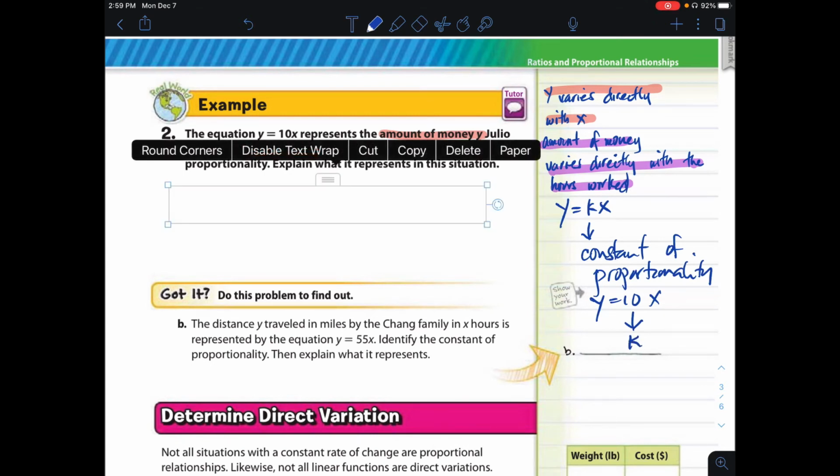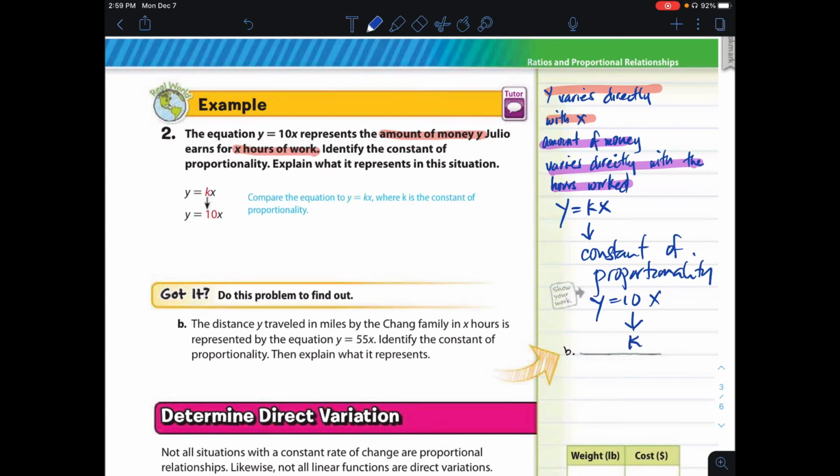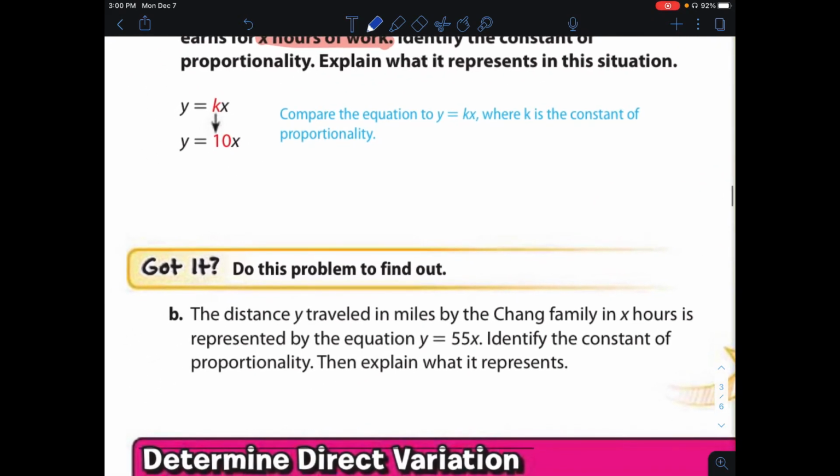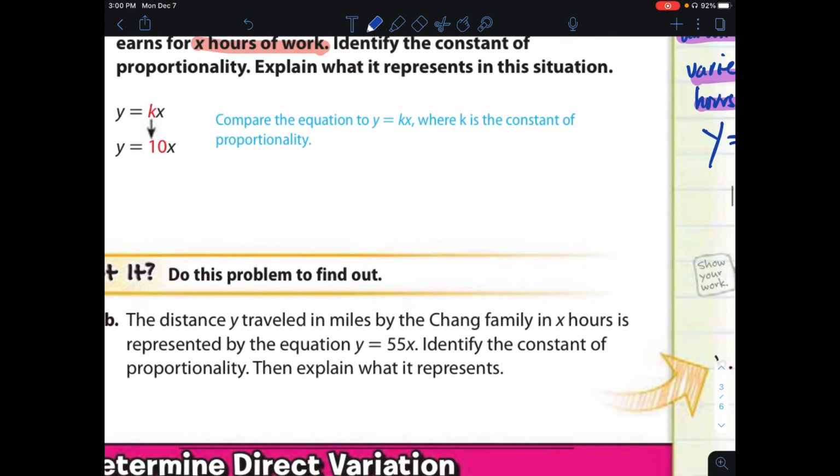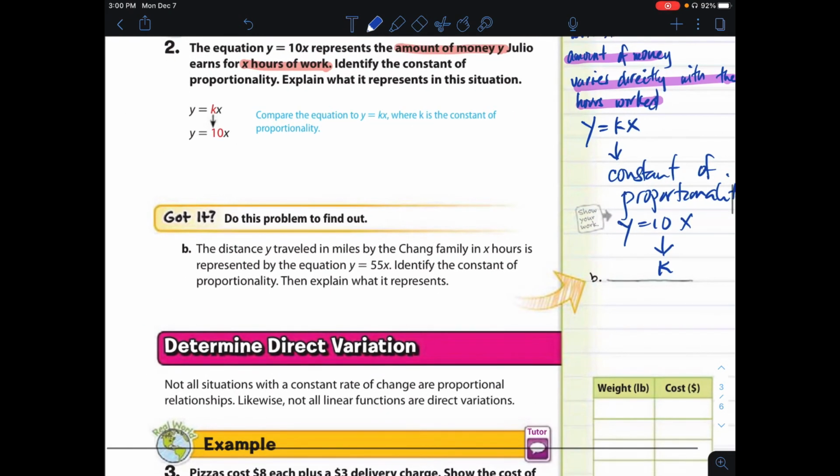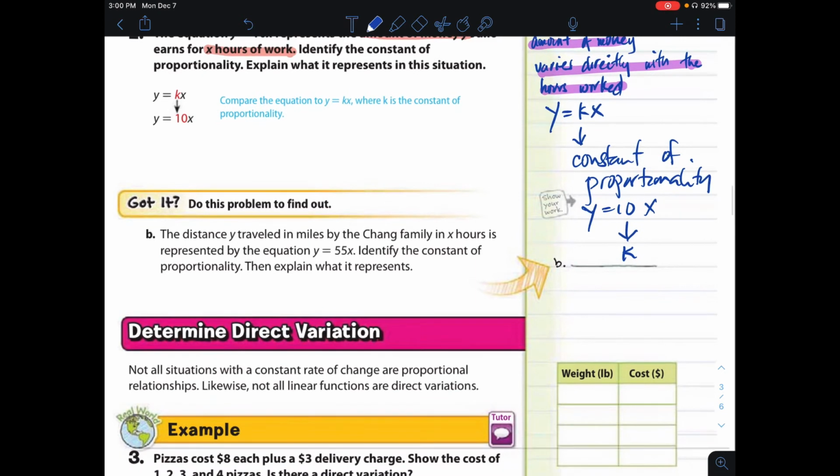Okay, so let's do this. y equals kx. And if you notice, your constant of proportionality is equal to 10. What does 10 represent? Remember, 10 is a constant of proportionality. It is also your unit rate. This is also your slope. As unit rate, what does it represent?